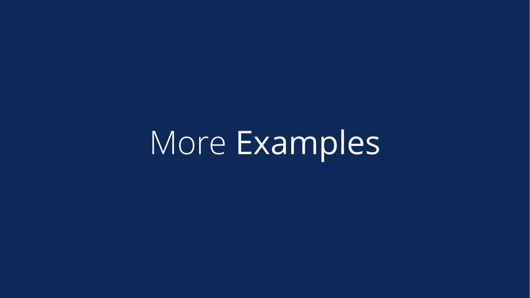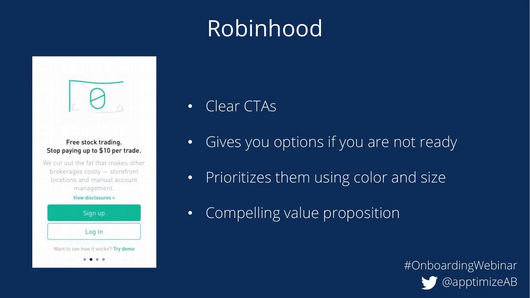So before we wrap up here, we'll quickly run through some other successful examples of very powerful and very well done onboarding and registration flows. Here's an example of Robinhood's onboarding page. There's a very clear CTA.